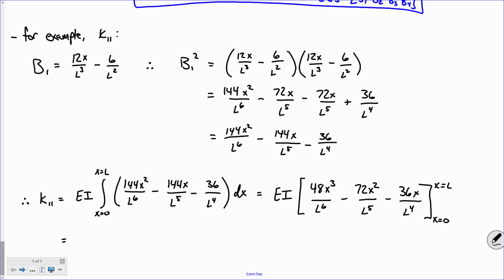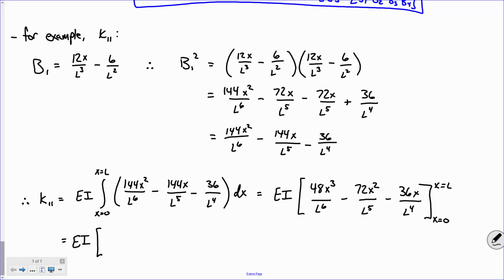So far, so good. So if I plug in the top number minus plug in the bottom number, right? What's the bottom number going to give me? 0, 0, 0. Ain't going to do anything, right? So the top number, what do I have? EI. I'm just kidding. All right.